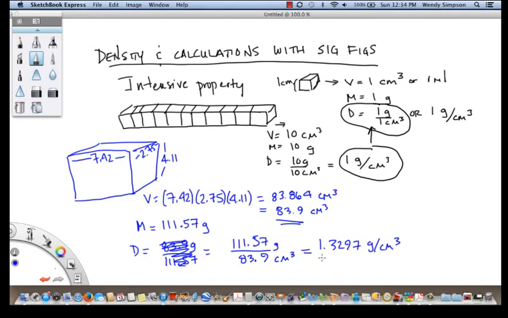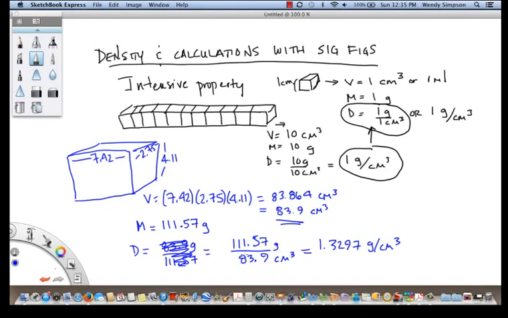Again, I have 5 significant figures. And I look here in my original measurements, I do have 5 significant figures in the mass, but I only have 3 in the volume. I cannot have a calculation that's more precise than the measurements used in the original problem.